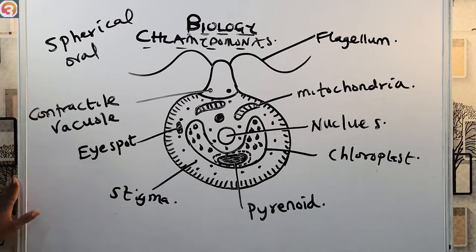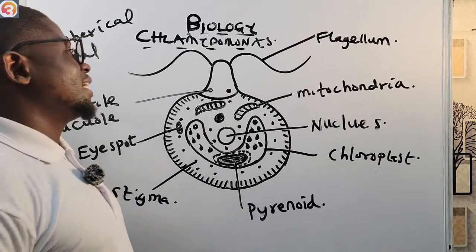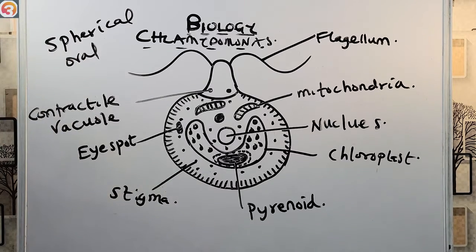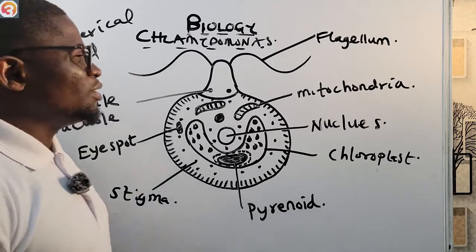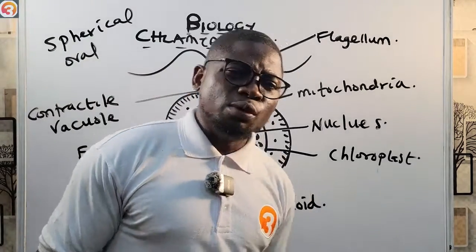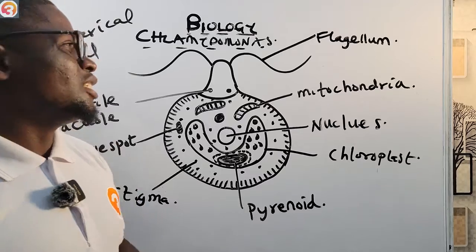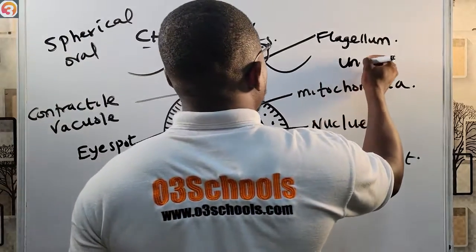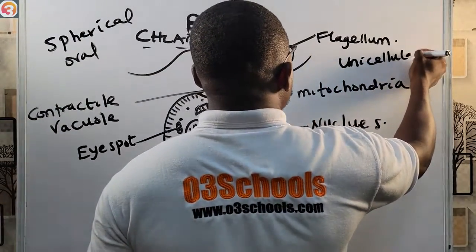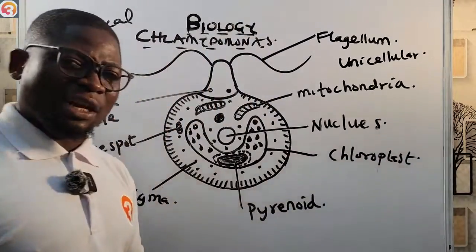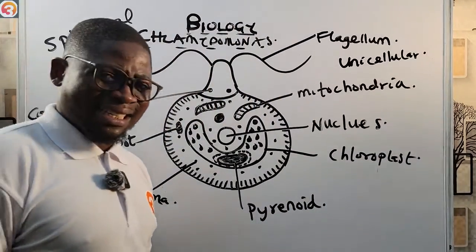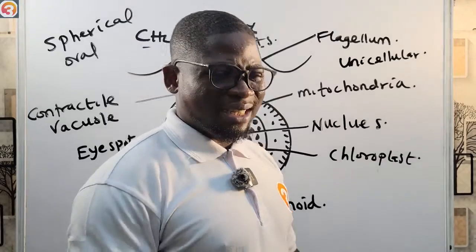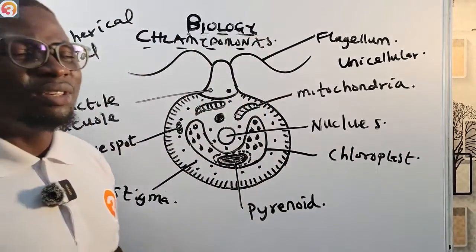Now let's quickly talk about the structure of the Chlamydomonas. Like I said, it's a small unicellular mobile organism, so it moves from one place to another. If we recall our class on forms in which cells exist, we talked about single or free living, or the unicellular organisms.